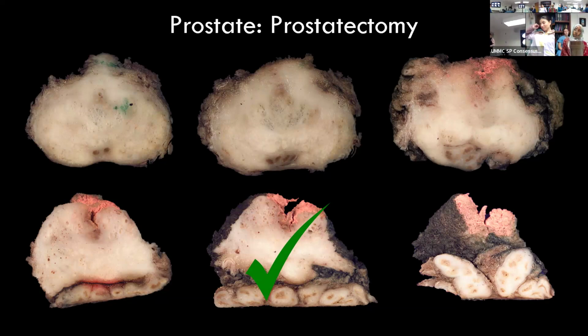There might be rare situations in which the prostate cancer goes from here into the ejaculatory duct and spreads through the ejaculatory duct lumen into the seminal vesicle, but that's a very rare situation, okay? So that becomes tricky as far as staging is concerned.